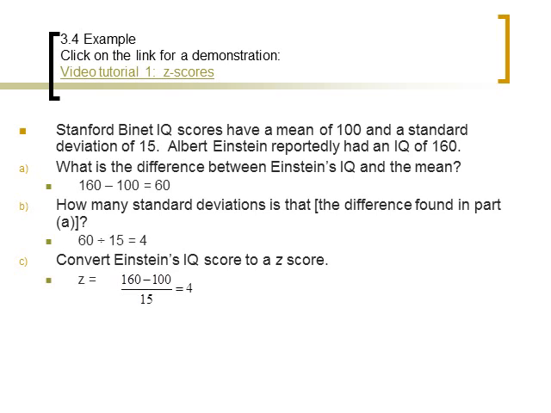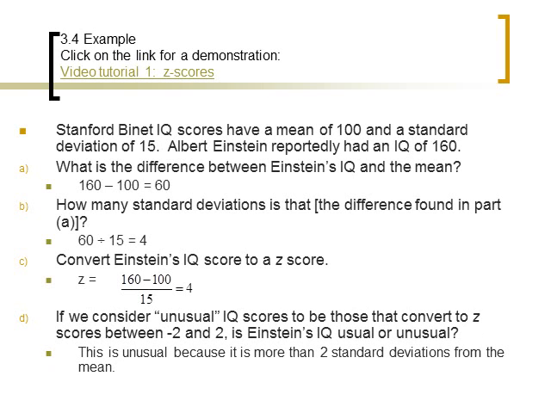Now let's also use the z-score formula that we just learned to convert Einstein's IQ score to a z-score. And so remember that the z-score formula is x minus x bar divided by s, or 160 minus 100, the mean, divided by 15. So you end up with, again, 60 divided by 15, which equals 4.